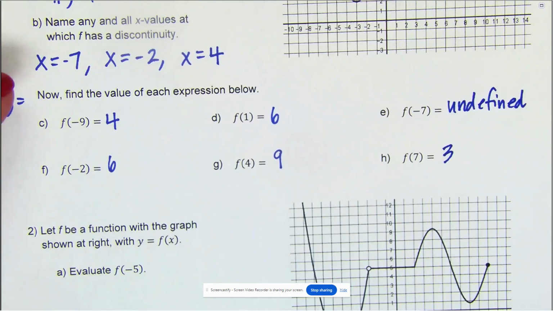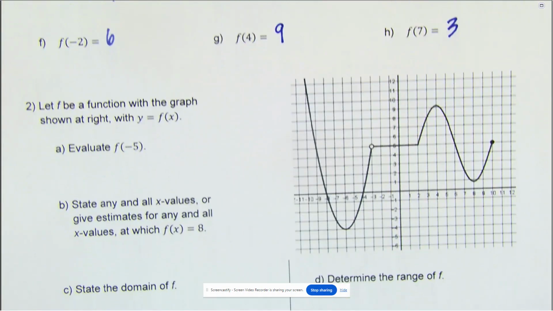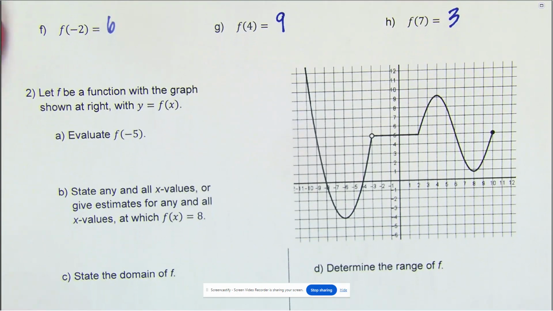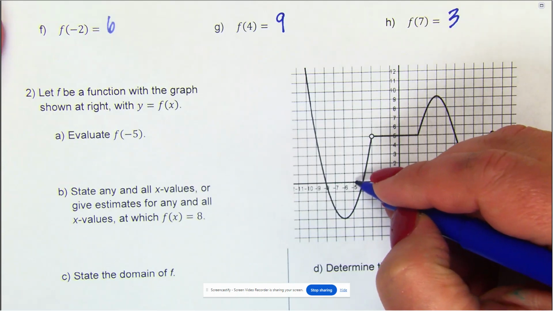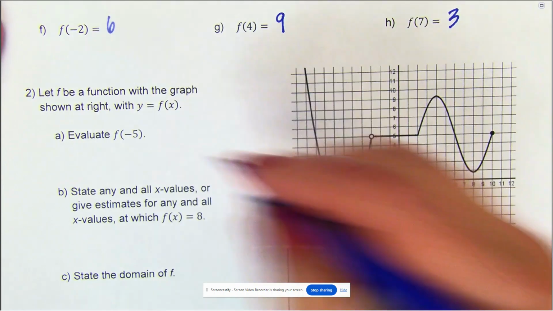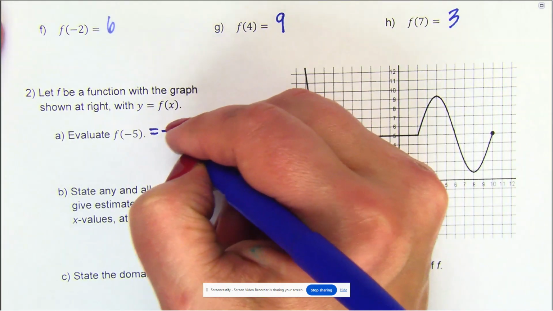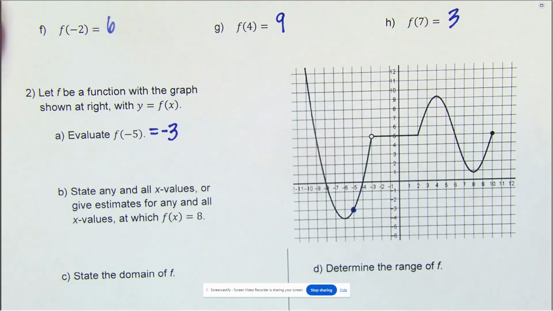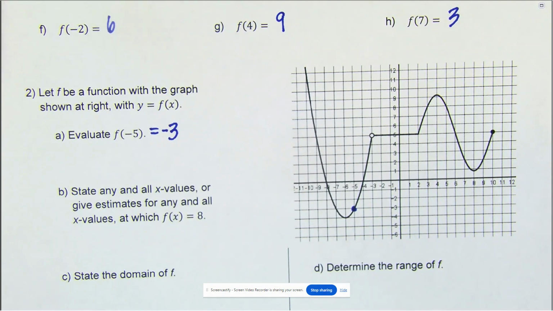All right, another graph. Let F be a function of the graph shown at the right. Evaluate F of negative 5. Negative 5 right here is negative 3. State any and all X values or give estimates for any and all X values at which F of X equals 8.